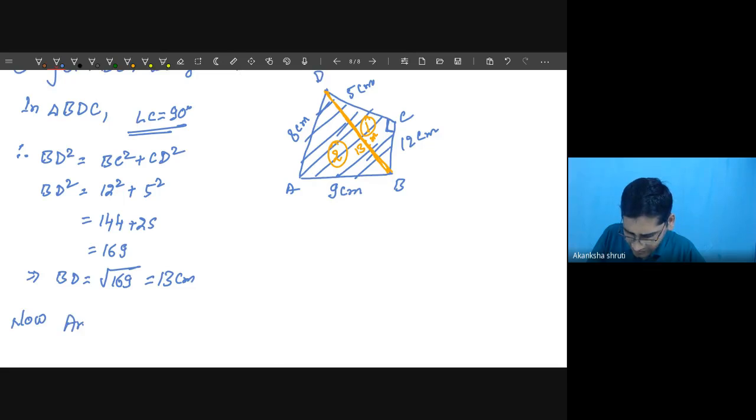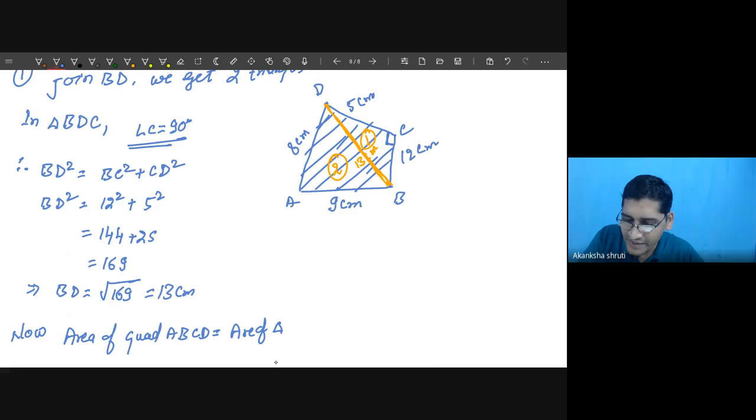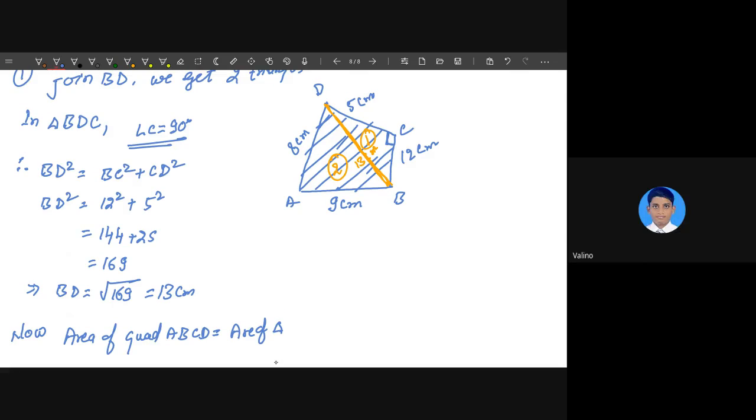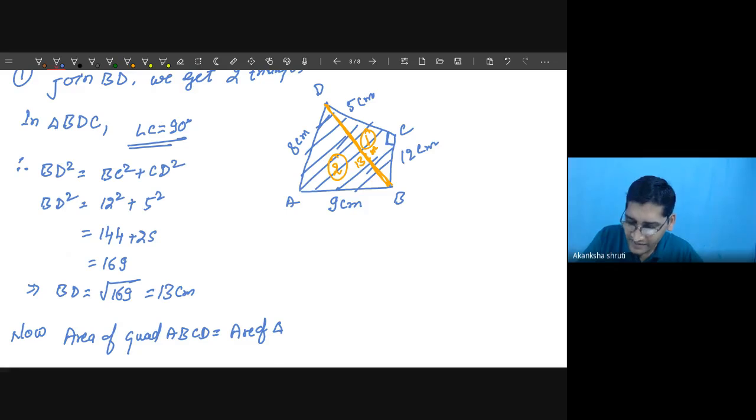Now, area of quadrilateral ABCD is equal to area of triangle ABD plus area of the other triangle, BDC.